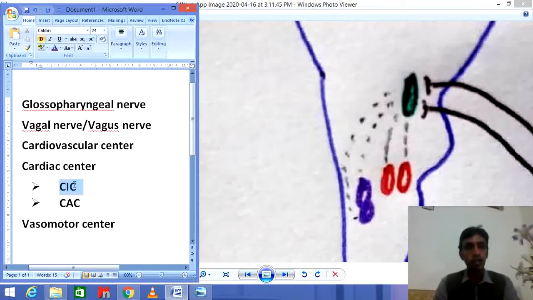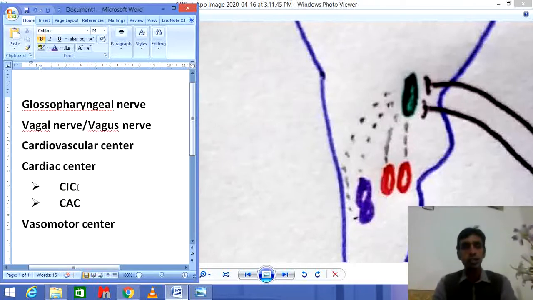CIC is the cardio-inhibitory center, and CAC is the cardio-acceleratory center, or cardio-activatory center.